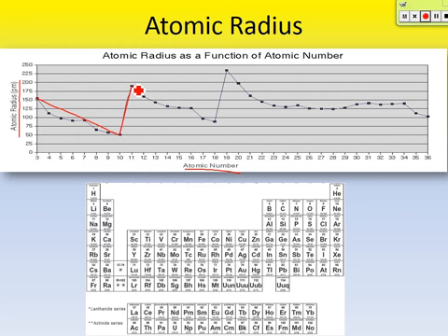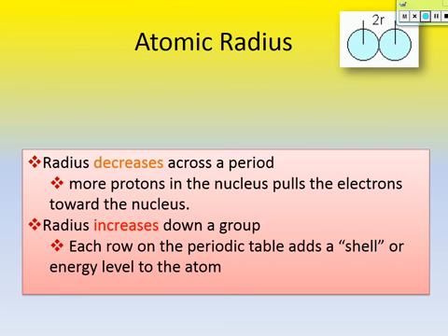How come you think it got so much bigger at sodium? What's your hypothesis? Why do you think it's getting bigger? The energy level. Good. We just added another energy level. We went from 2 to 3. And then it decreases again. And then it jumps. And then it decreases again. Okay, that's the trend.